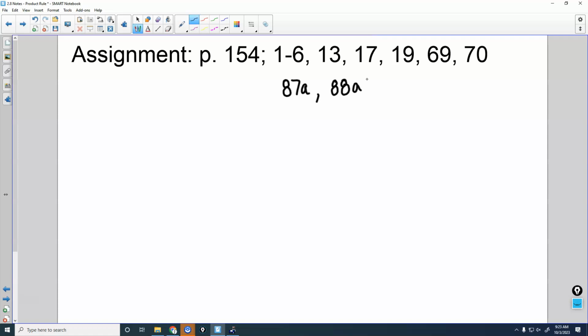No, none of those have parts. They're just single questions. Yeah, they're single parts. Not too bad. On problems like number 1 and 2, you have the option, you can multiply them together and just use power rule. You don't necessarily have to use product rule on those, but then when you get down past that, you're going to have some that you have to use the product rule. Power rule. Product rule. I get those two mixed up.